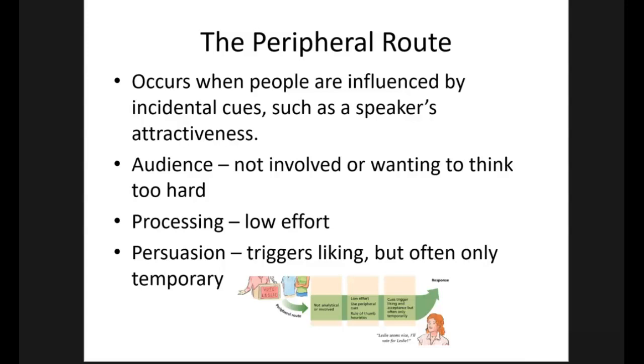They just don't want to put the mental effort into it. Not a lot of processing is required, not a lot of thinking. And in terms of the persuasion, it does often trigger liking, but that's usually temporary. The peripheral route does not bring about the long-lasting persuasion that we see the central route do.